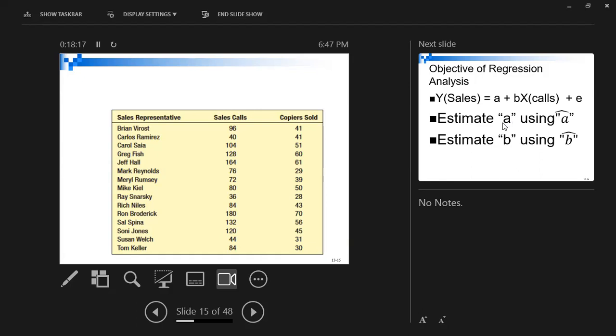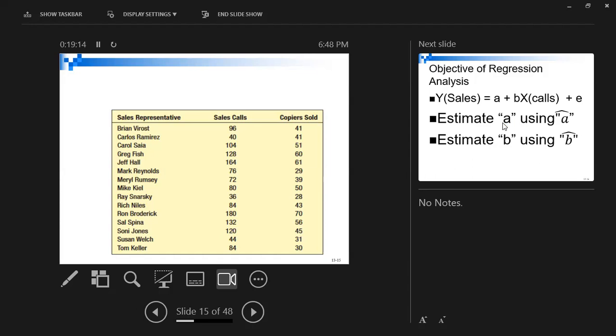We take the null hypothesis, which will be that B is equal to 0, which means that X does not significantly affect Y. And the alternate hypothesis is that B is not equal to 0, which means that X significantly affects Y. That's the way to set up a hypothesis.